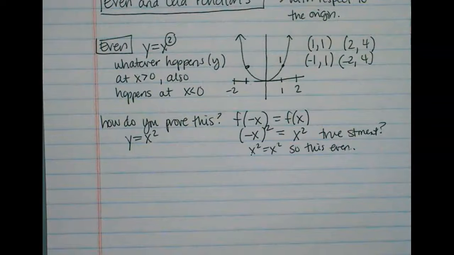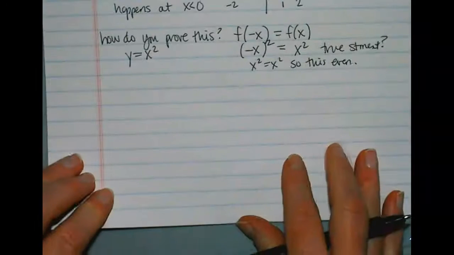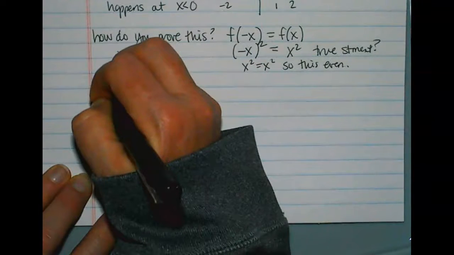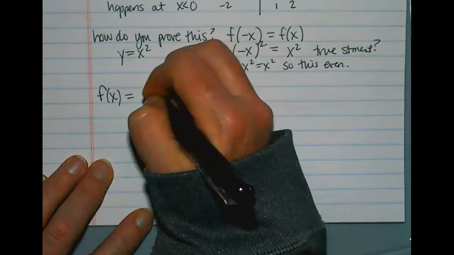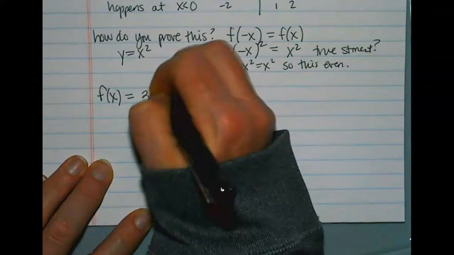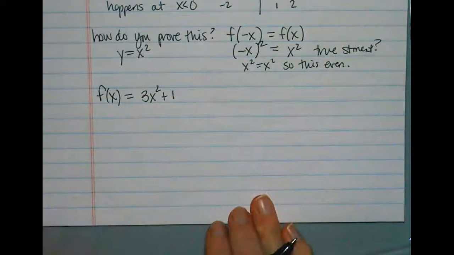And it works for a lot of different functions. In fact, let's try another one. Let's try example 2. So we're going to call this one f of x equals 3x squared plus 1. Now you might be able to graph it and know what it looks like. It is an even function, and I'll show you what it looks like in just a second.